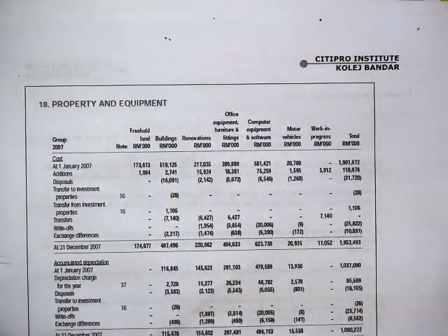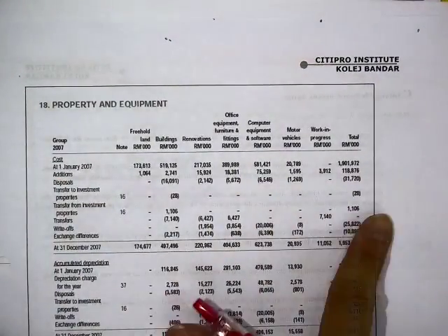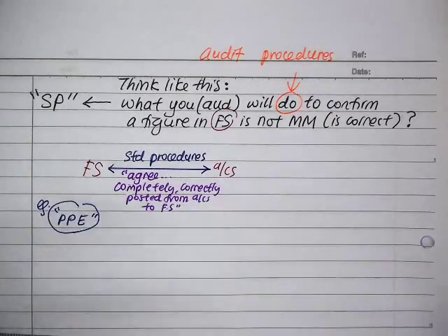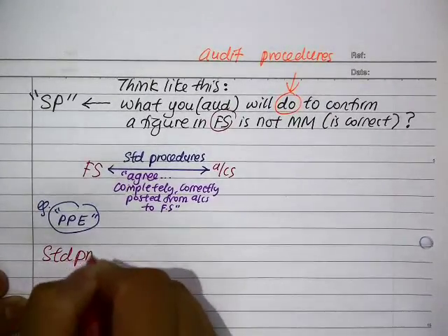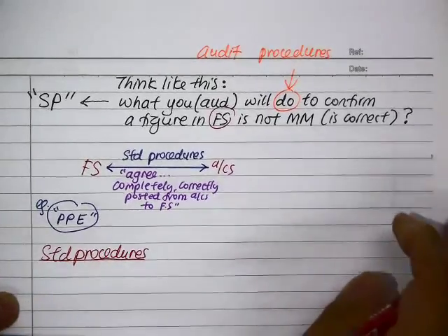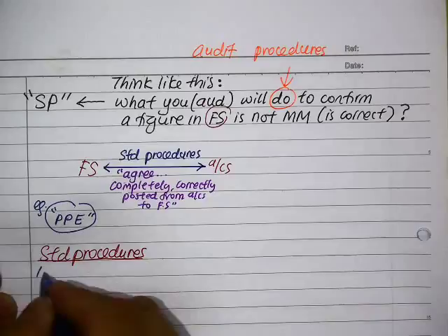Now then, of course, all these numbers are taken from the accounts. The costs are all from the accounts. Then you must go back to the accounts. So that's why the first thing that we'll do as part of the standard procedure will be number 1.